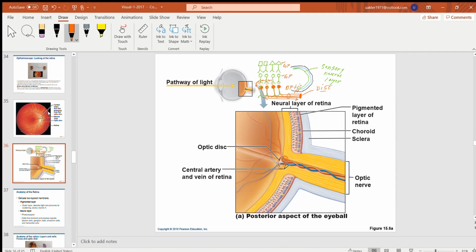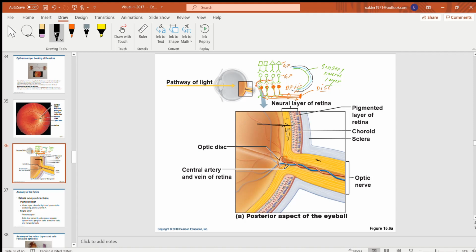You just see here, I explained before that this is the way the light travels, right? So light must pass through these axons, unmyelinated axons, okay, the yellow, and they form the optic nerve here, right? So if these axons are myelinated, then the light won't be able to easily pass through this layer of axons. Make sense? So since they are unmyelinated, light can quickly and easily pass.